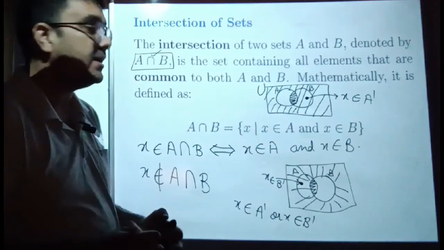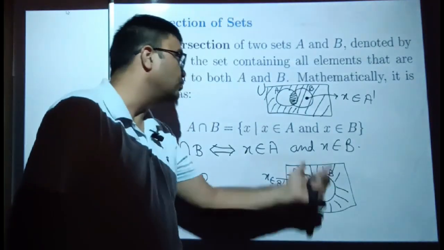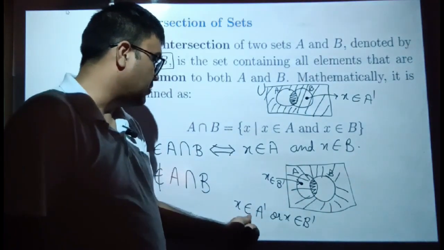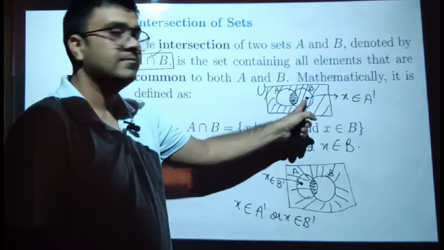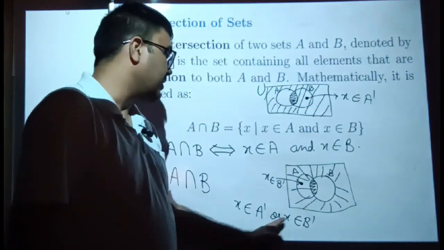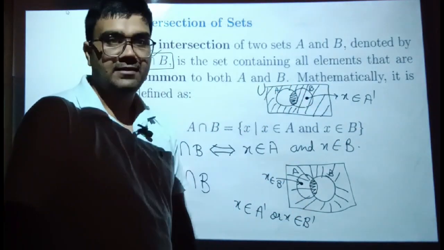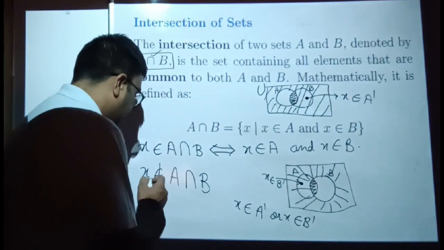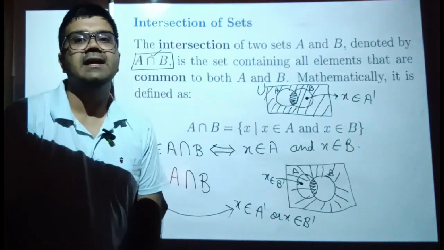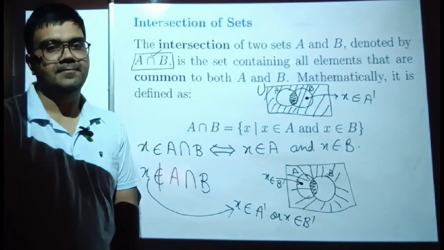I am using OR over here, so basically I am talking about the union of these two regions. x is outside A or x is outside B. In that case, we are saying x does not belong to A intersection B.